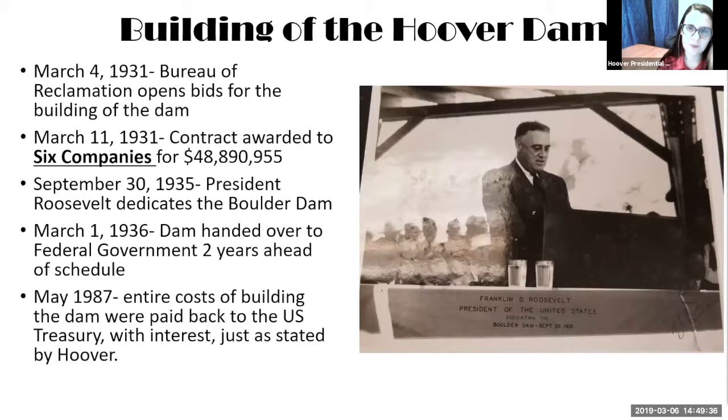But after the Great Depression started to settle in, he became less popular. And when he left office, he wasn't very popular at all. But after the Great Depression had kind of started to be relieved, he became very popular with future presidents and with other people.